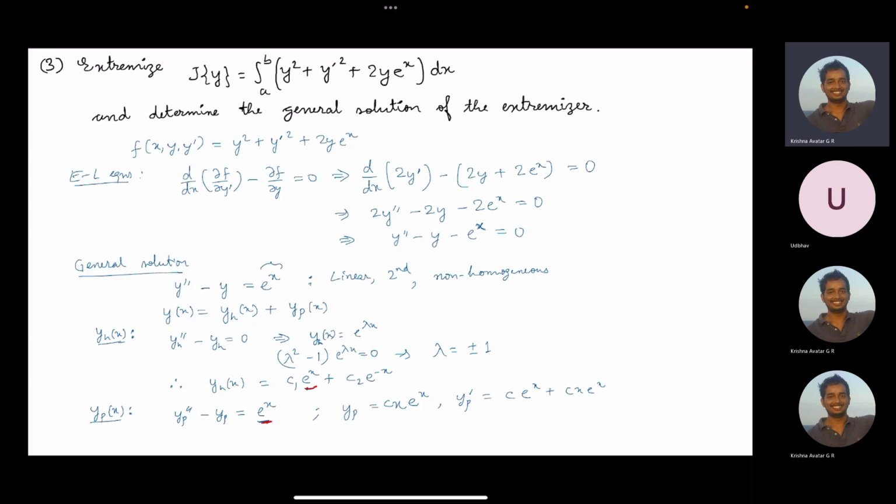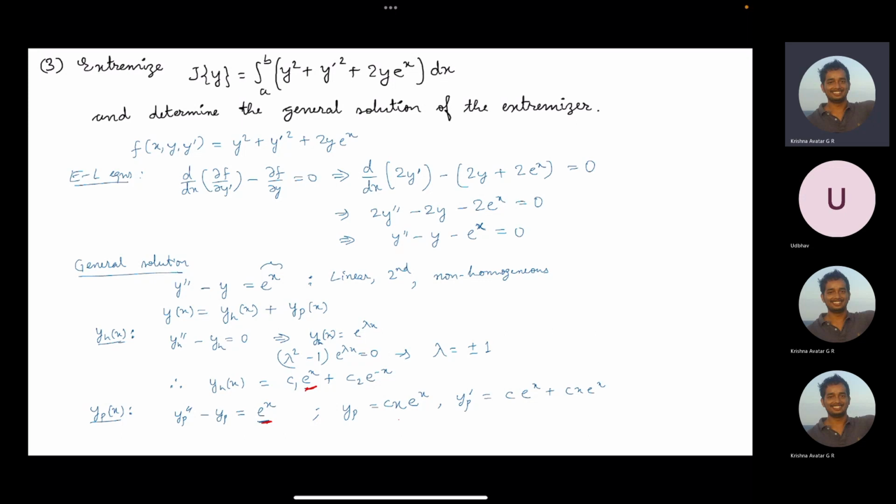Now I won't be discussing why I have taken this form, because this follows from the general solution technique for ODEs, and this is also not our aim in this lecture. So if you would like, you could consult any good book on ODEs and you will get a clear and very detailed explanation.